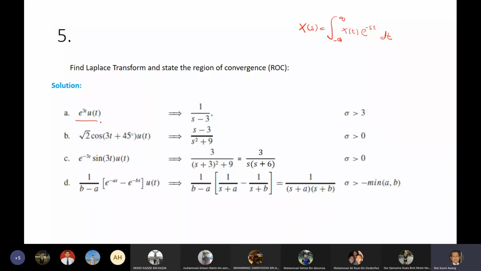For t from 0 to infinity, the value is 1. So that's why the integration is from 0 to t. So this is actually x of s equal to the integration from 0 to t of e to the 3t e to the minus st dt. Okay?